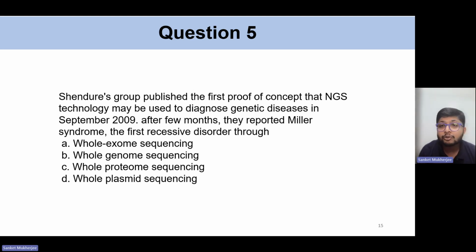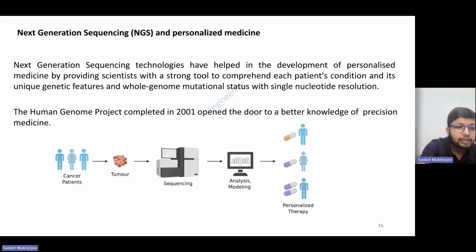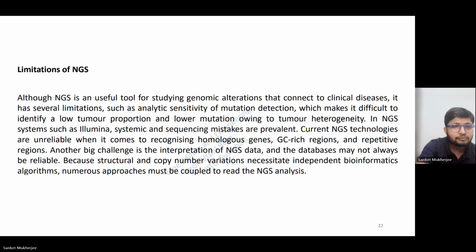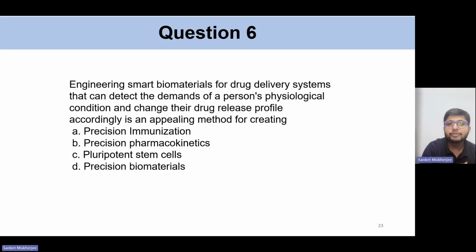Shendure's group published the first proof of concept that next generation sequencing technology may be used to diagnose genetic diseases in September 2009. After a few months, they reported Miller syndrome, the first recessive disorder, through whole exome sequencing, where all the exons are sequenced. We talked at length about next generation sequencing technologies, and about the limitations as well.